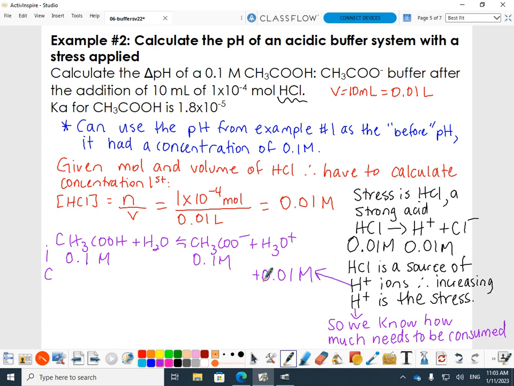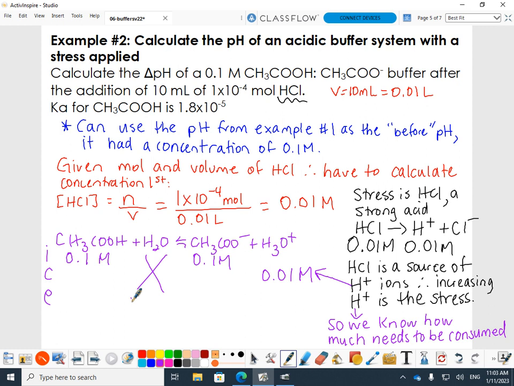You can do the same thing as yesterday, cross out the water, but we're really modifying ice for only the information we need to do the Henderson-Hasselbalch.